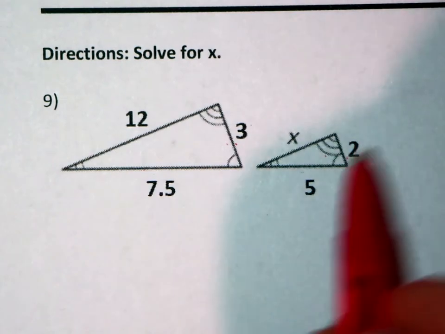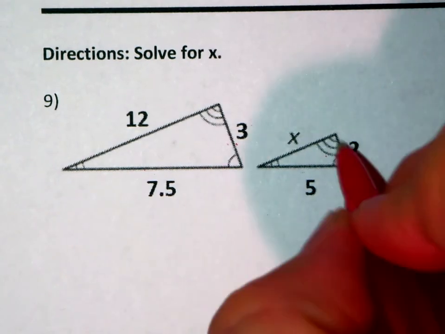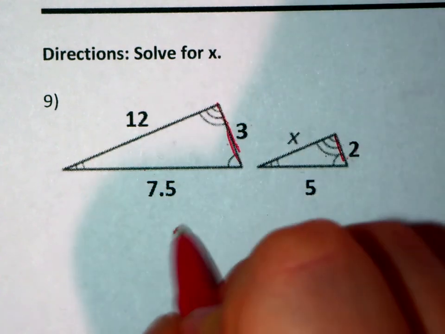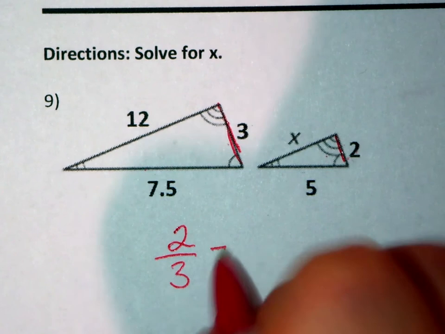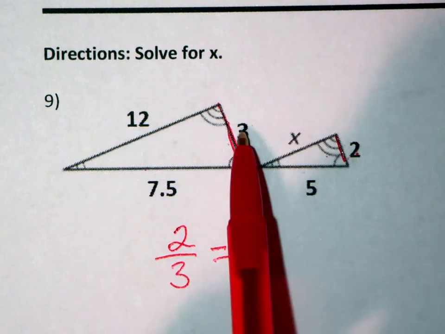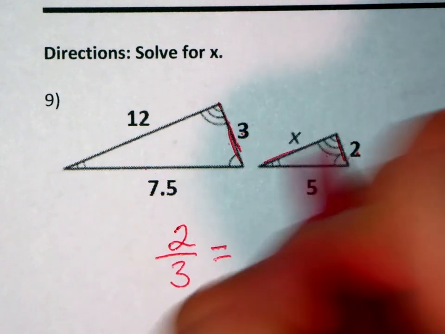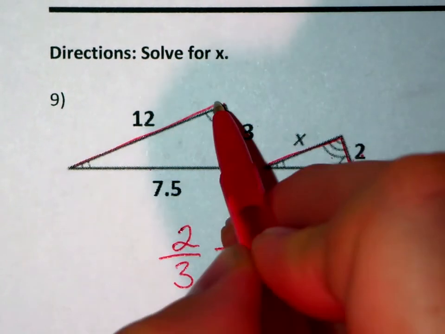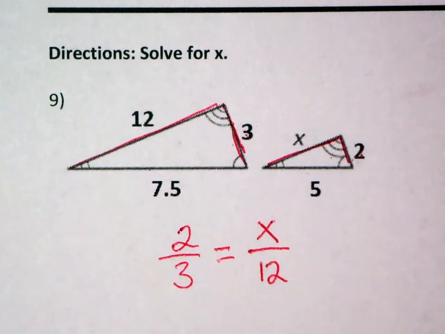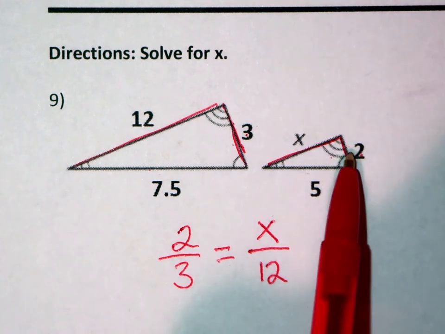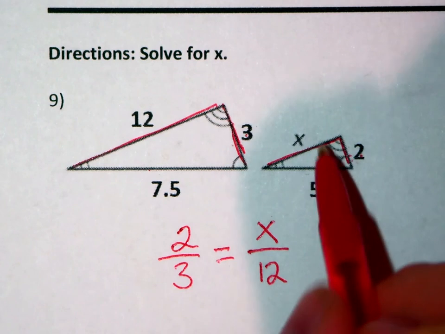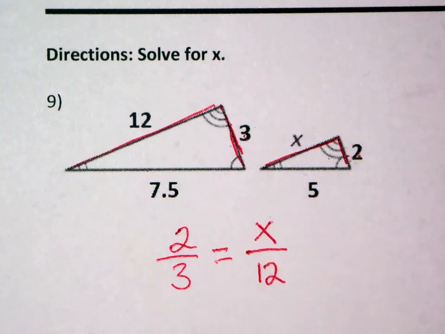So I can set up a proportion of the right side of this triangle to the right side of that triangle, and say that 2 is to 3 as x, starting with my small, is to its corresponding side on the large, 12. So my small side on the triangle is to my small side on the bigger triangle as 3 is to 12, proportional to x over 12.